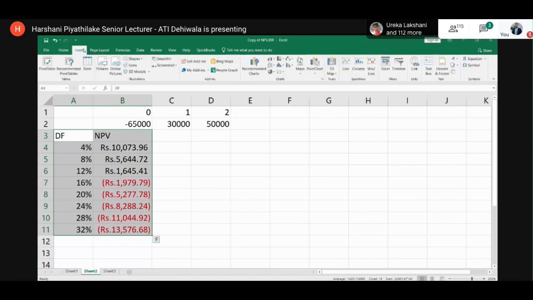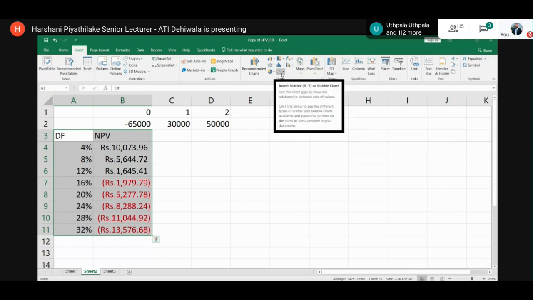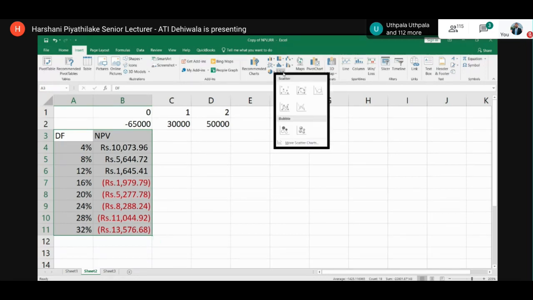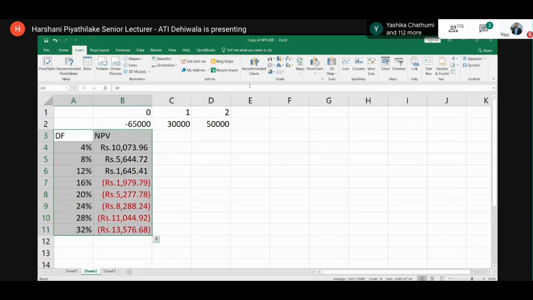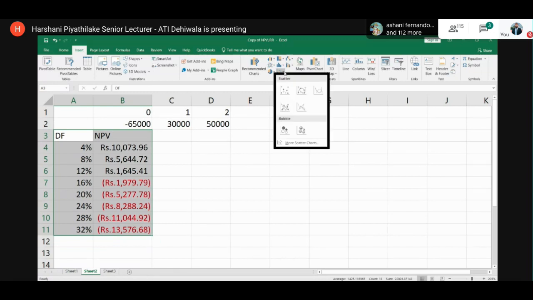Go to Insert. You see the scatter graph under the chart area. There is a chart type called scatter graph. Select that.